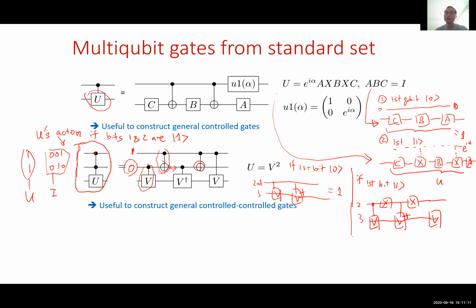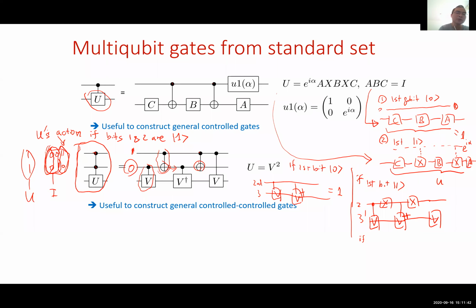So I want to analyze the second bit, so we check this condition. We want to check this condition, 1,0, if the state is 1,0. Wait, sorry. Yeah, this is 0.